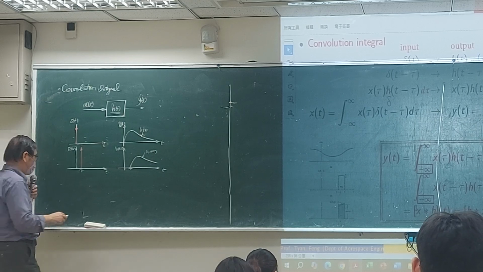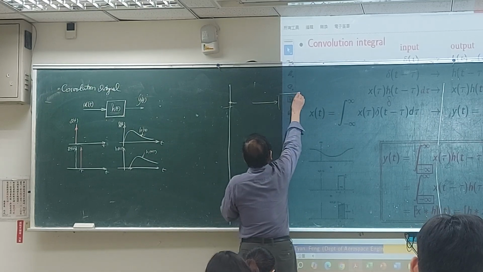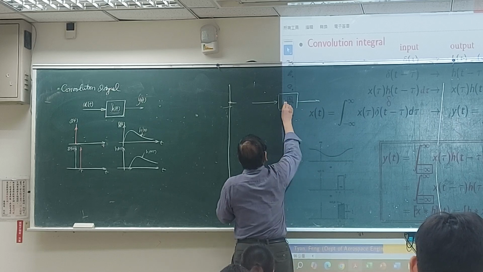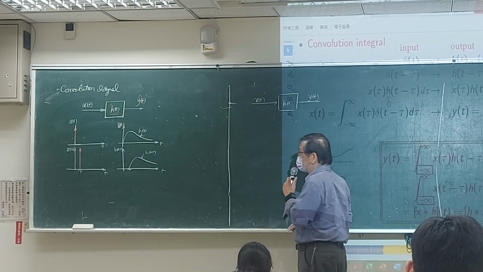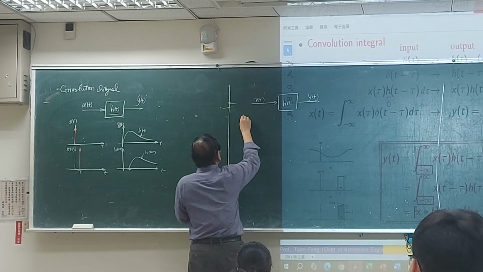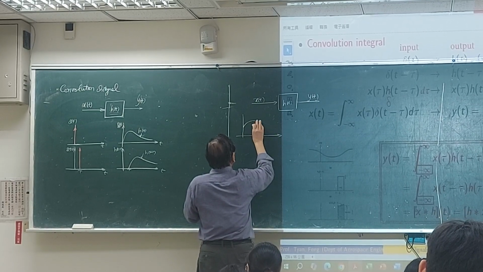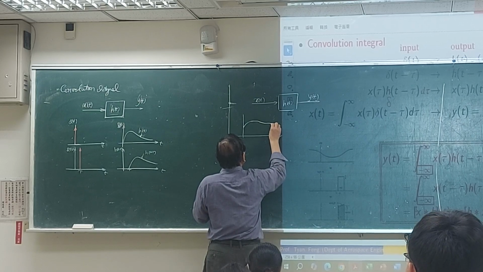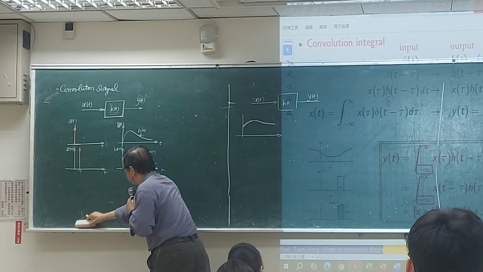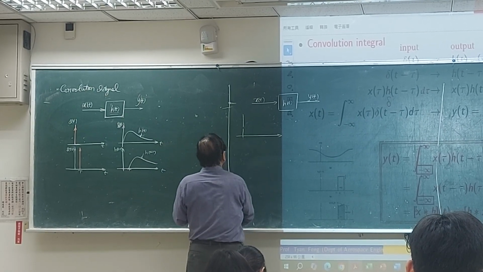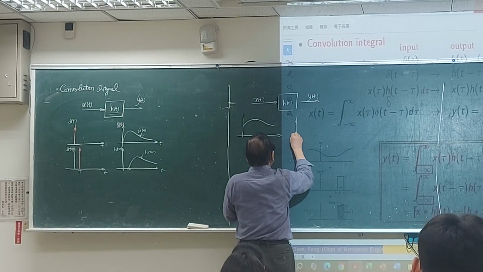Now, let's assume my x of t is a general signal, so then what is the y?